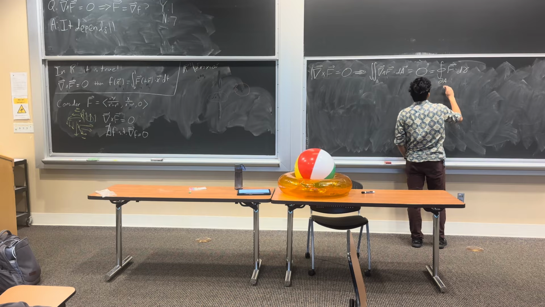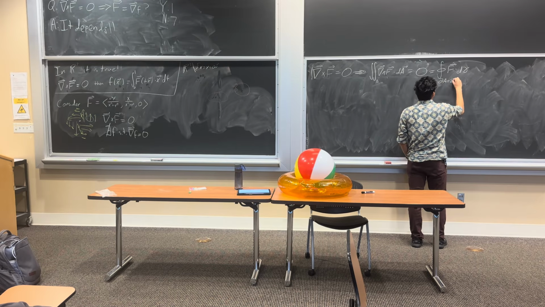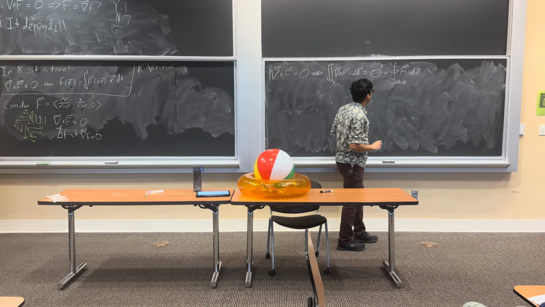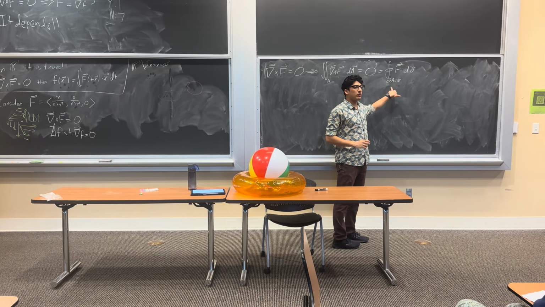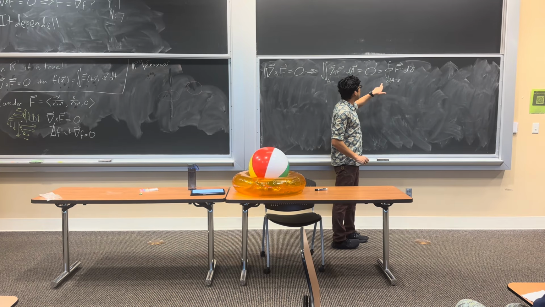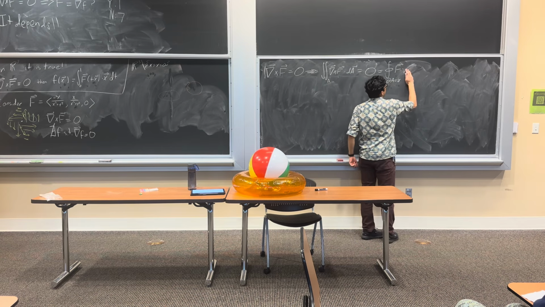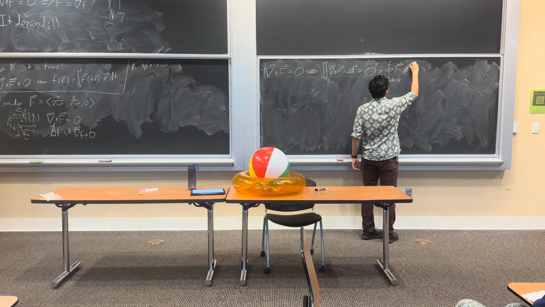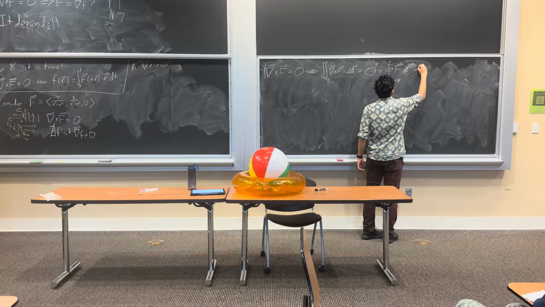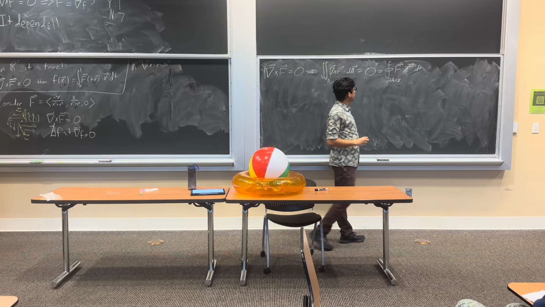So gamma is a closed curve. That's just the boundary of A. And f dot this, that just means I have the vector field dotted with the tangent, and dt. Let's write it that way.